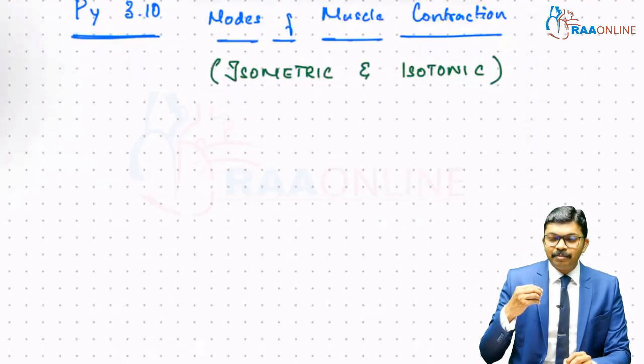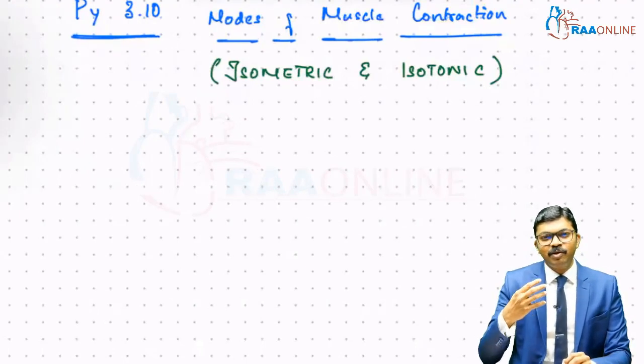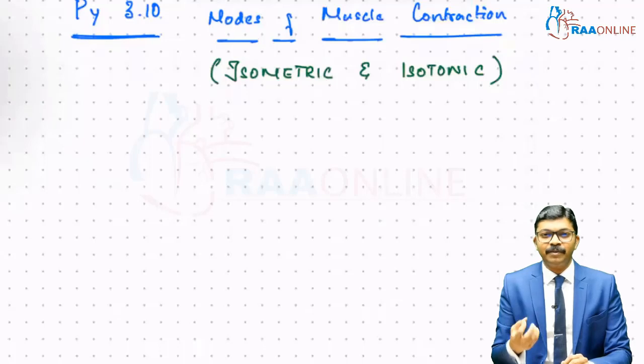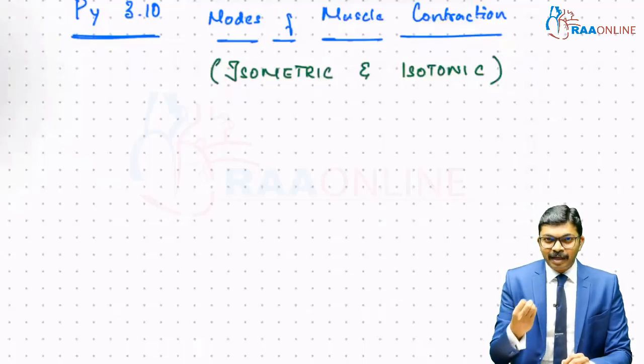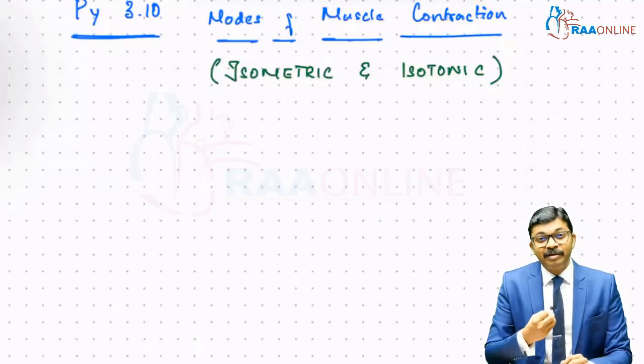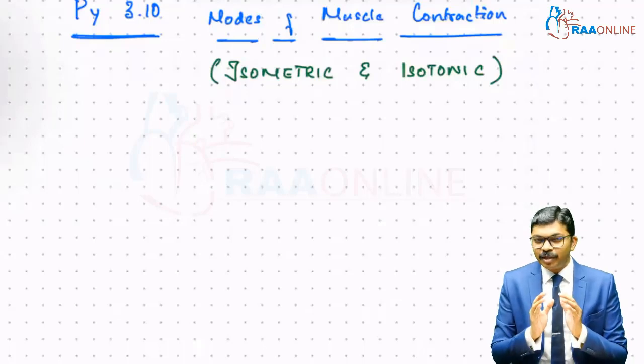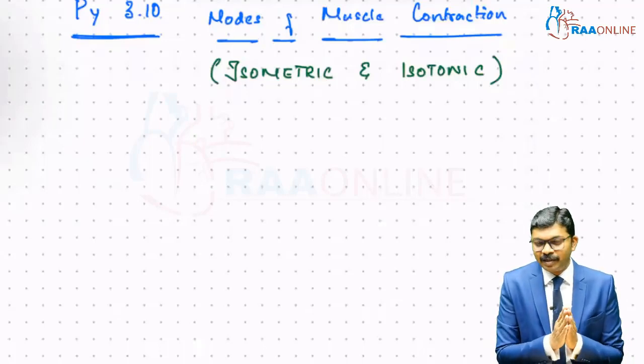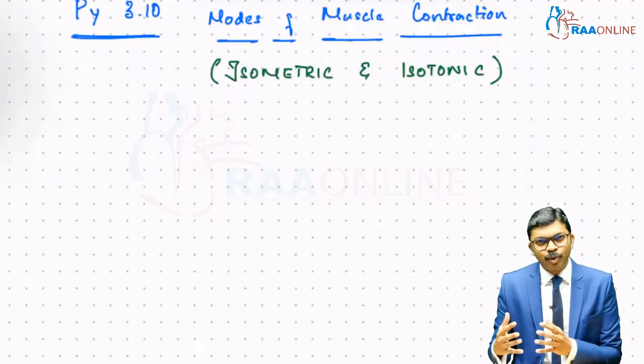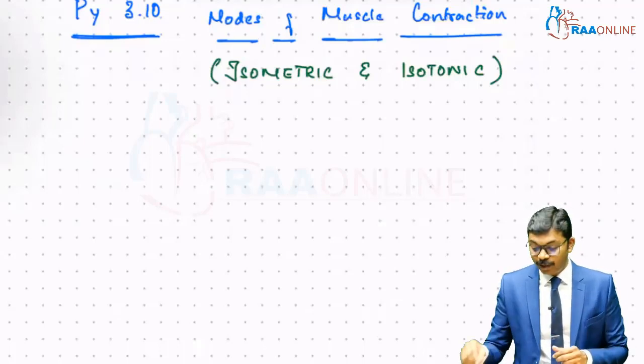Although they have a very easy meaning at a superficial level, the depths of the meaning differ a little bit, guys. So you need to know what contraction is at the outset, and what is tone, what is isotonic.